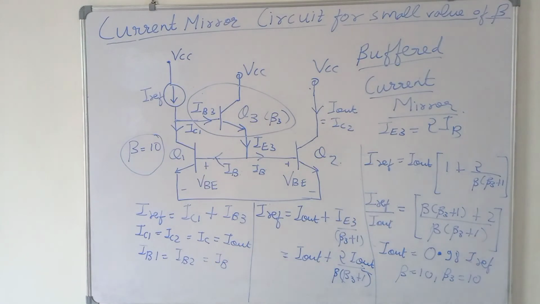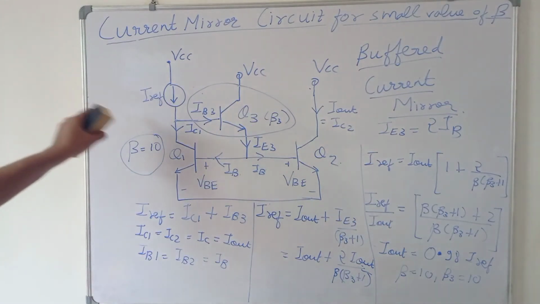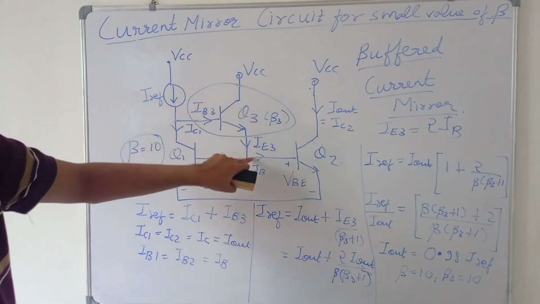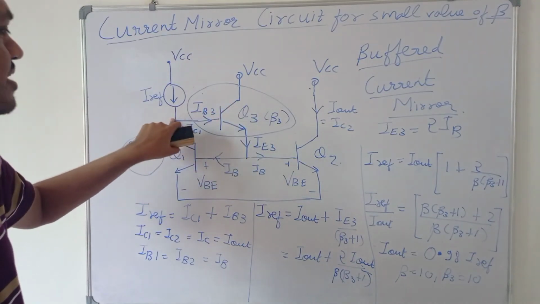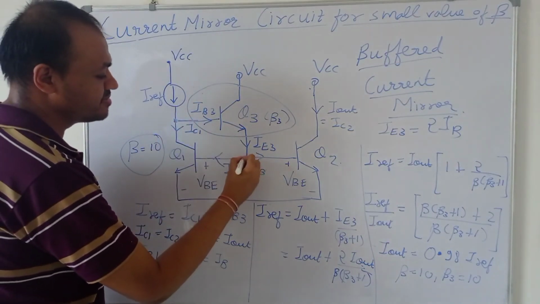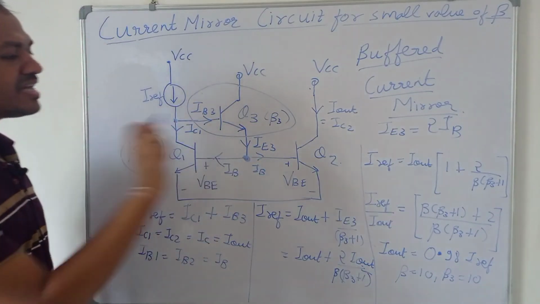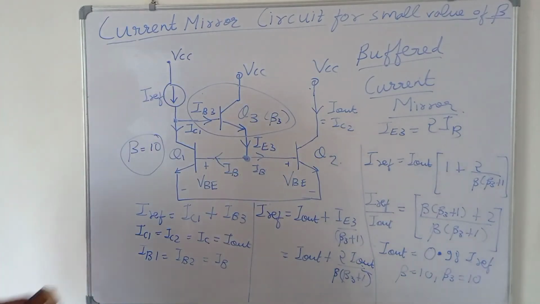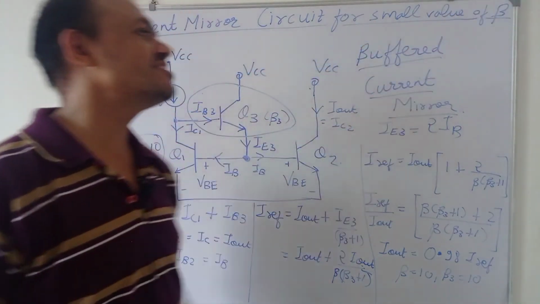If this transistor is removed, then it becomes a normal current mirror circuit. But in the buffered current mirror circuit, we have included a buffer transistor in this path between this point and this point. So this circuit works for small values of beta as well.